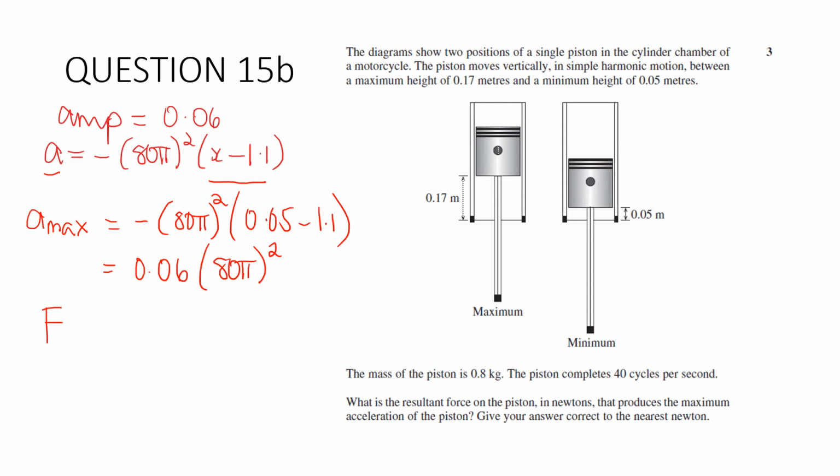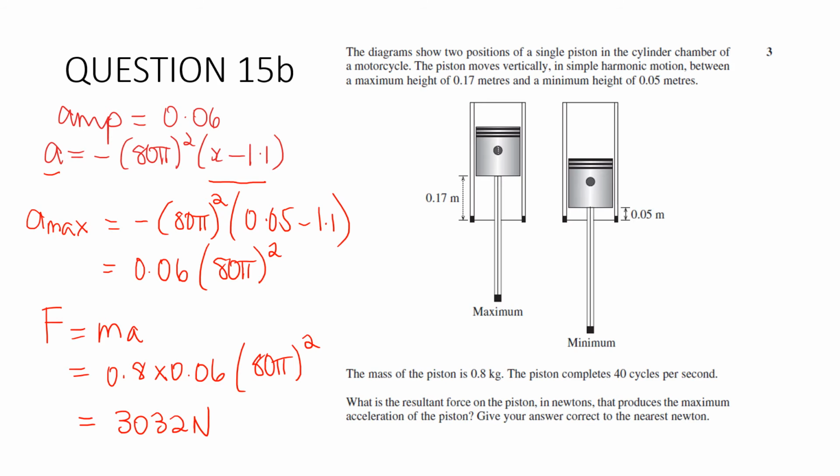Now we want the force when the acceleration is maximum, so F is equal to ma. Mass is 0.8 times 0.06, (80 pi) all squared, and into the calculator and to the nearest newton we get 3032 newtons.